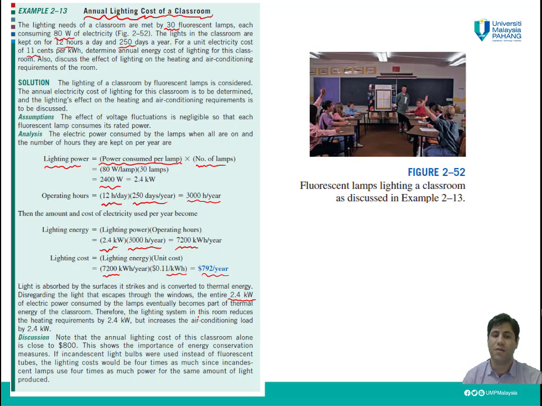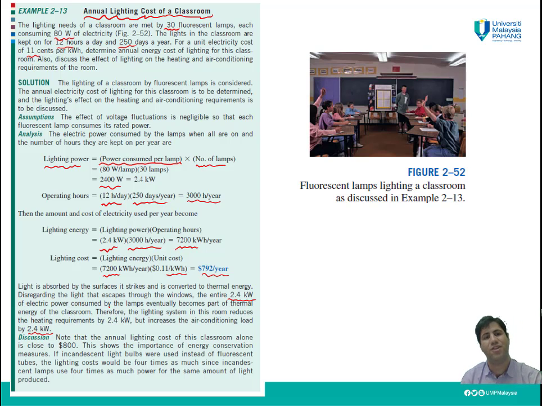Therefore, the lighting system in this room reduces the heating requirement by 2.4 kilowatts, but it increases the air conditioning load by 2.4 kilowatts. You can see here how these lamps can also be effective on the temperature inside the room.